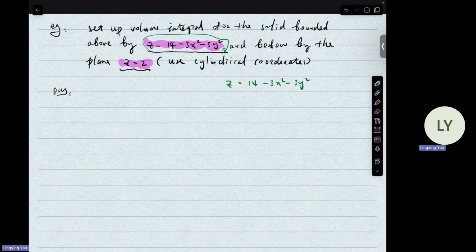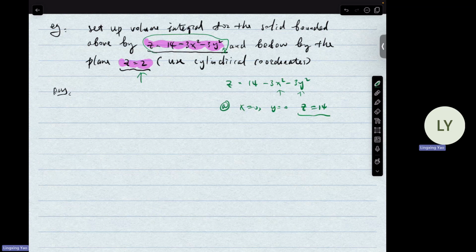So you would essentially think this paraboloid is opening downwards. All right. And then you would think about when both x and y equal 0, z is 14, which is well above this plane z equals 2. Now you would have some sense of what the shape of the solid really looks like.